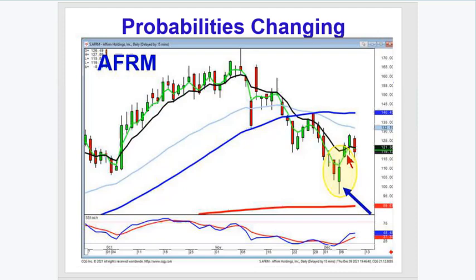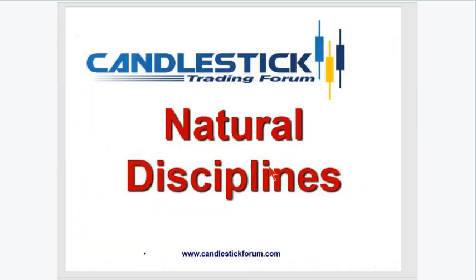All right, so knowing what should happen based upon the signals and the T-line develops natural discipline. Because if you eventually become comfortable with the fact that the signals, patterns and the T-line combination produce extremely high probability results, now you're not trying to second-guess yourself.